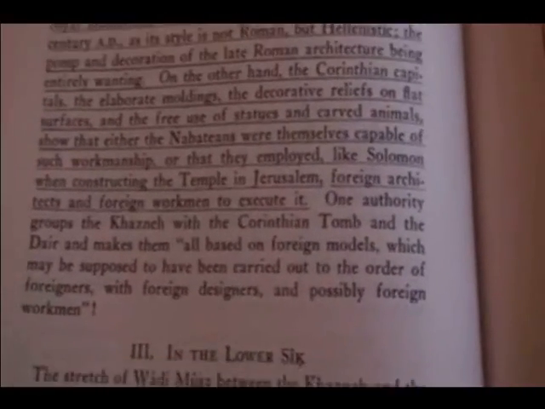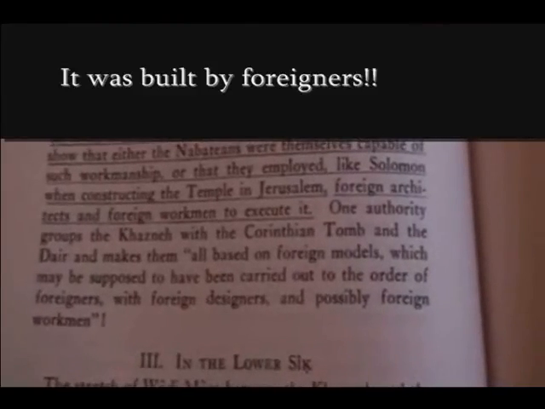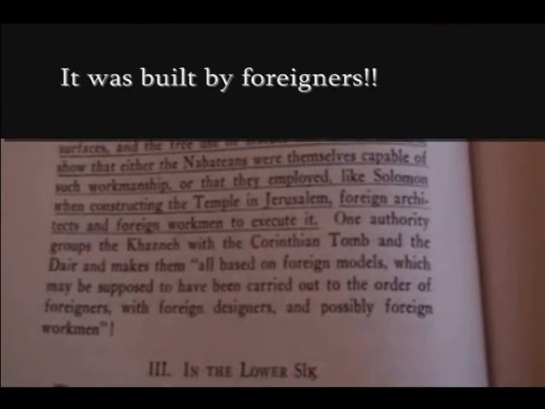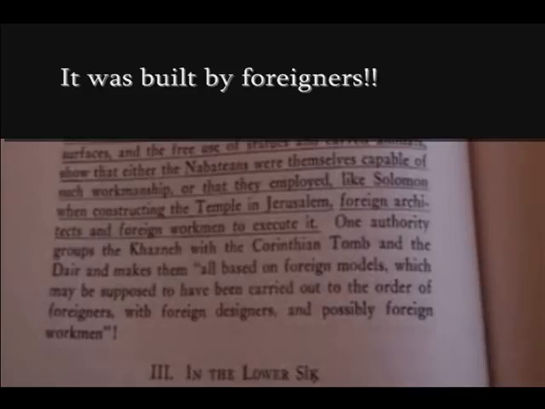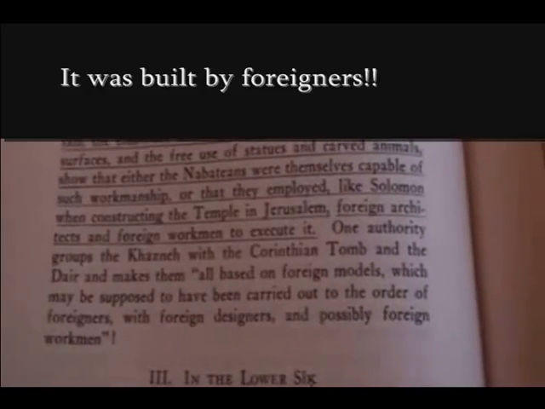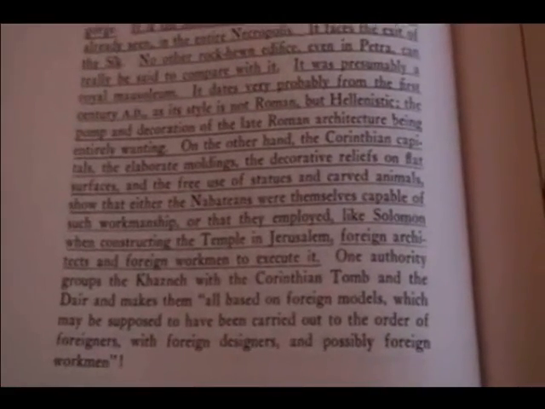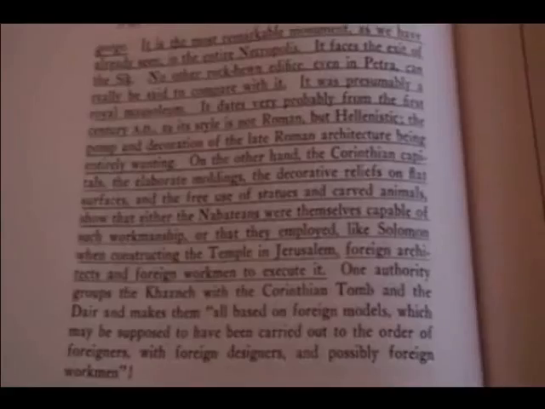One authority groups the Khasneh with the Corinthian tomb and the Deir and makes them all based on foreign models, which may be supposed to have been carried out to the order of foreigners with foreign designers and possibly foreign workmen. So you can see that these architectural structures, and this one in particular, most likely aren't even native to the land of Petra, and most likely weren't even constructed by the Nabateans, but by outsiders.